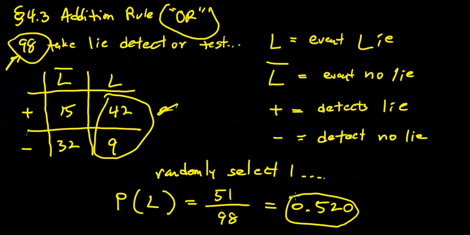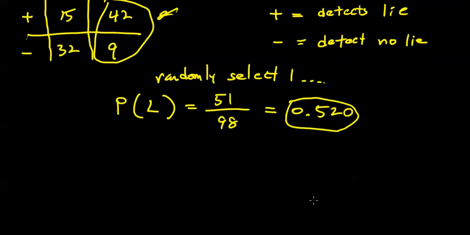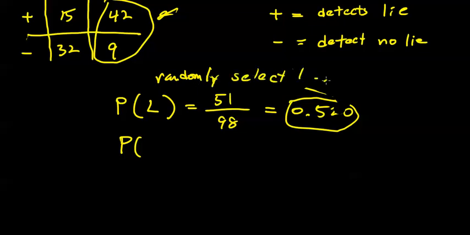Alright, what's the probability, again randomly selecting one person, of getting someone for which the machine detected no lie?